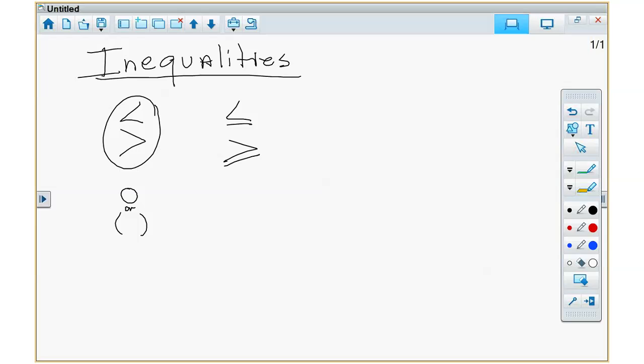Whenever these two guys are involved, you're talking about a closed circle, one that's filled in, when you're graphing on a number line or whatever, and you're talking about brackets. This is inclusive. This is non-inclusive. Non-inclusive means that you cannot use a number. I'll get to that in just a minute.